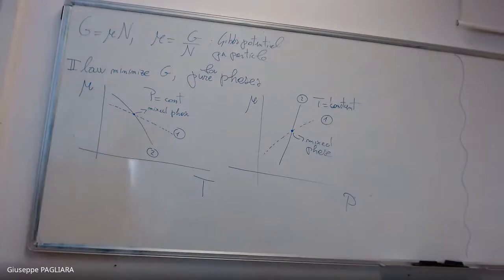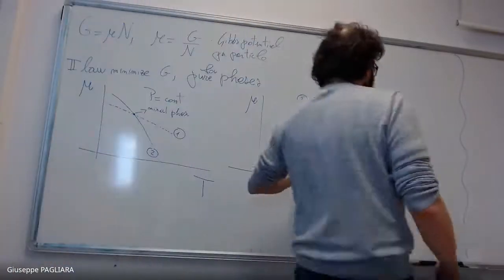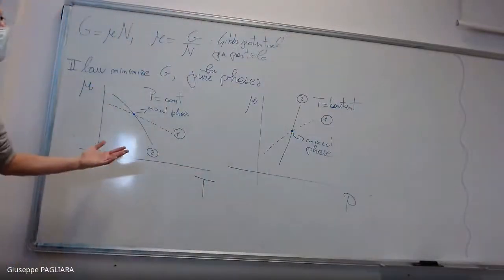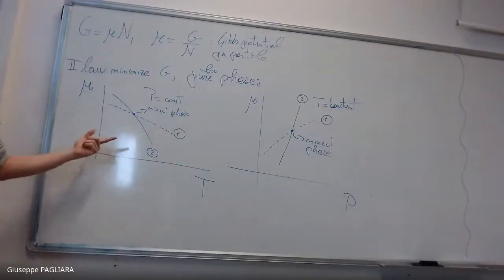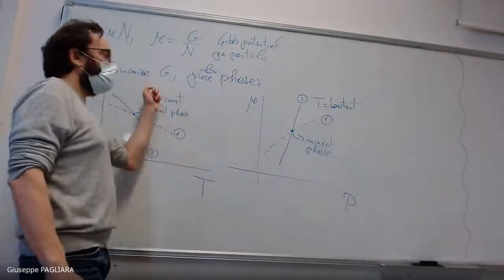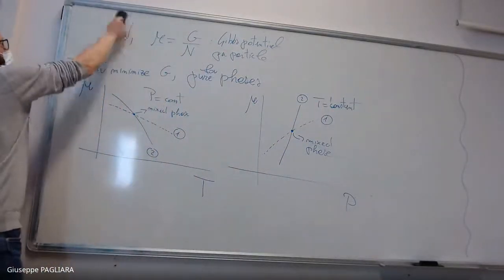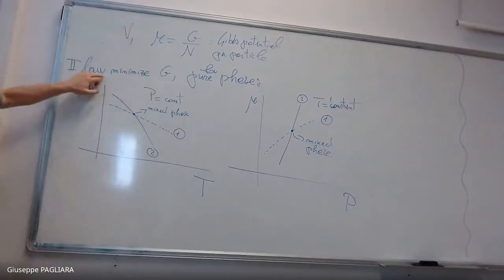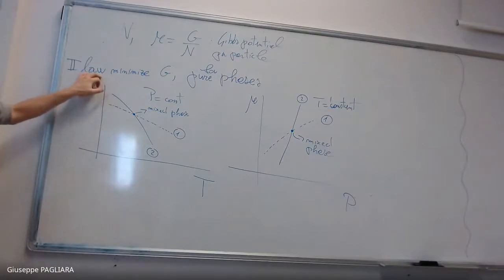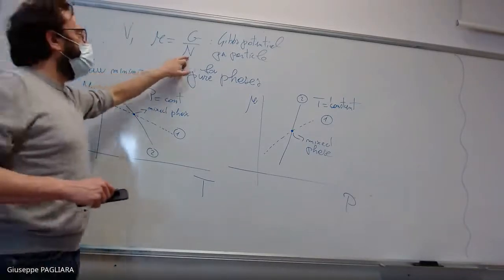Now, these are the results that you have when comparing the chemical potential of the two phases as a function of T and pressure, at fixed temperature and pressure. But now we know that the second law establishes that at fixed pressure and temperature, I have to minimize the Gibbs free energy, which means minimize the chemical potential, basically, once the number of particles is fixed.